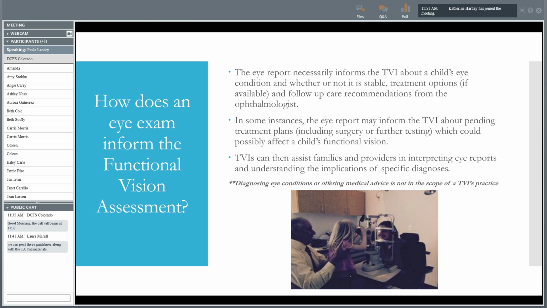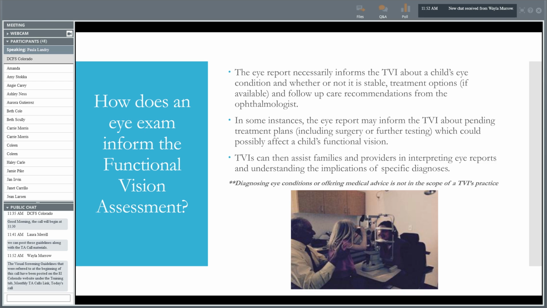Just knowing that piece of it helps guide us to the things that we really need to be looking at. The other part is it lets us know if a child is wearing an eye patch and also has a visual impairment on top of that, they're being followed. What do we need to look for? Do we need to help support the parents in keeping that eye patch on, giving them activities to do, or encouraging them to be really consistent with wearing the eye patch?